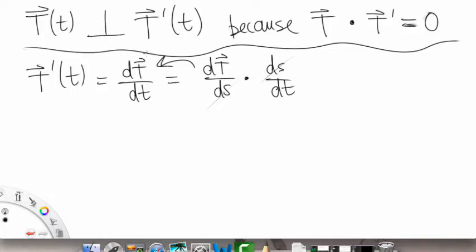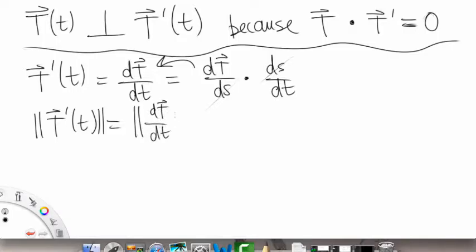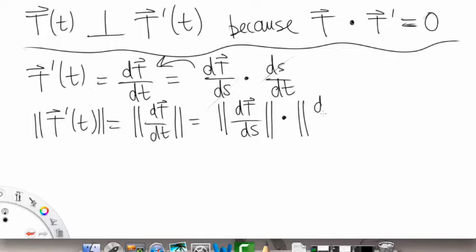So when we take the magnitude of the left side, the magnitude of dT/dt, on the right side we get the magnitude of dT/ds times the magnitude of ds/dt.